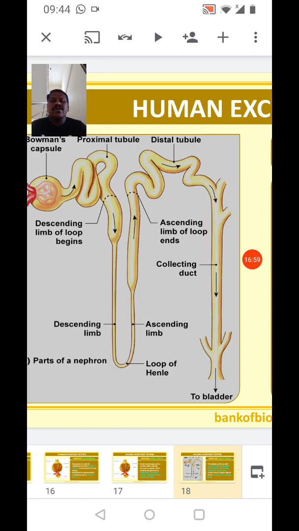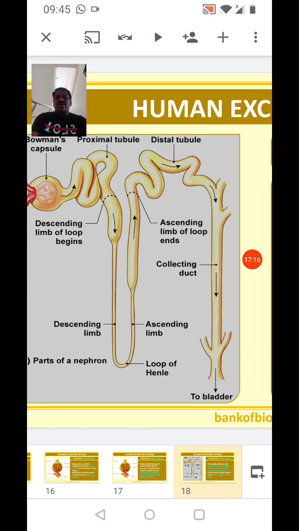And this distal convoluted tubule opens into, otherwise continues as, the initial collecting duct. Okay, initial collecting duct.